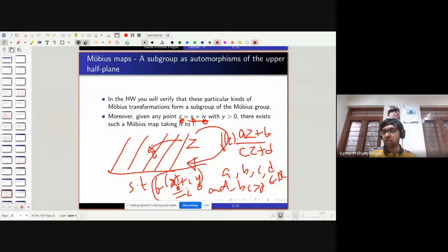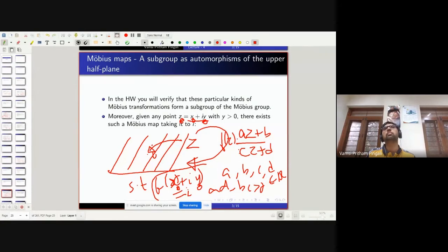In particular, we proved earlier that given any 3 points, you can take them to any 3 other points using a Mobius map, right? What is the difference between that statement and this statement? Why is this not a trivial consequence of that statement? Let me repeat myself.